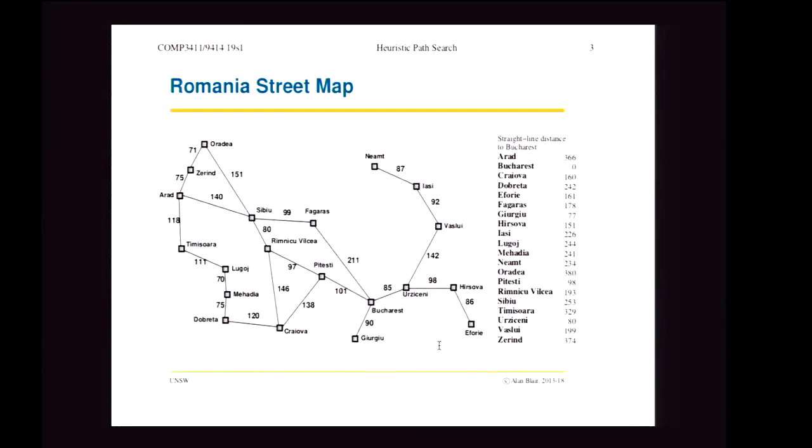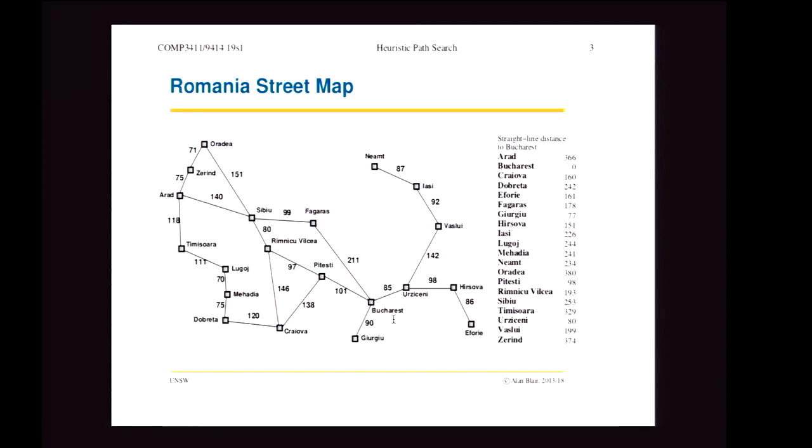Now I'm going to add even more information to the map. First we just had the lines, and then we had the distances, the length of the lines. Now I'm going to tell you the straight line distance from each of these cities to Bucharest. So this gives you some idea how close each city is to Bucharest.